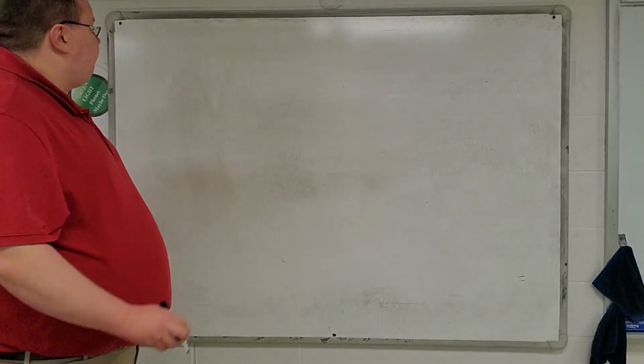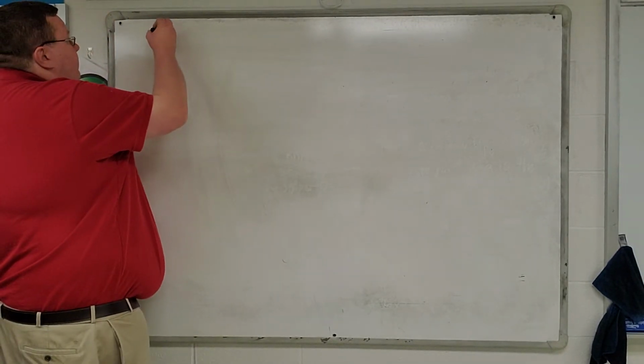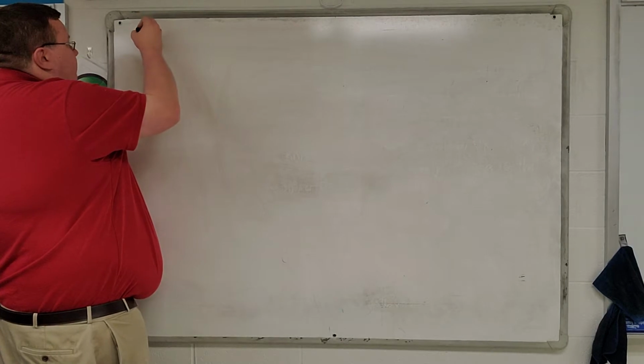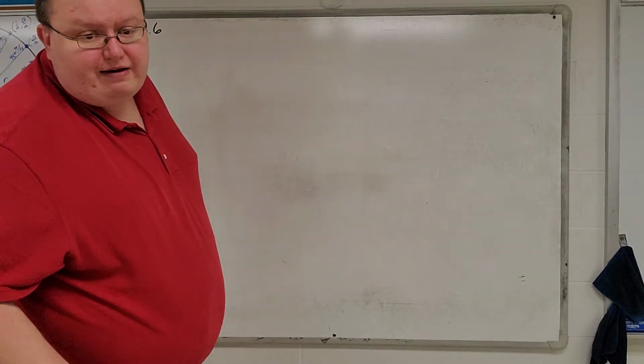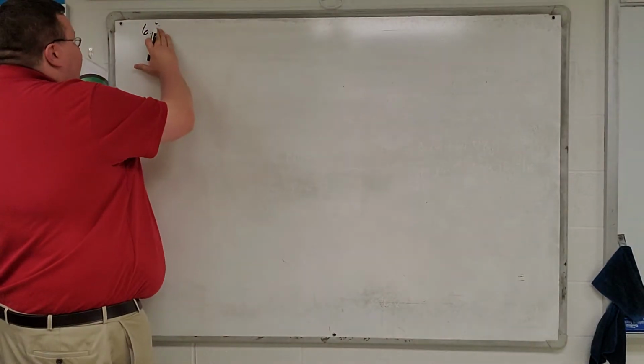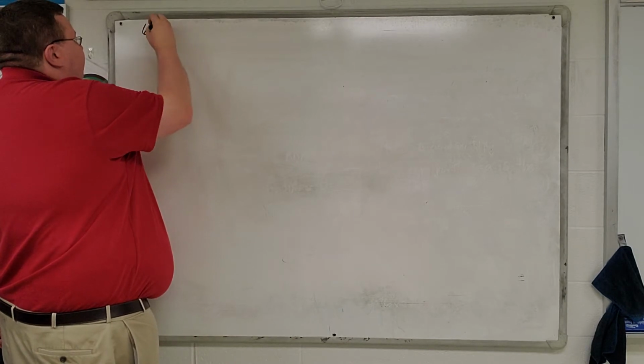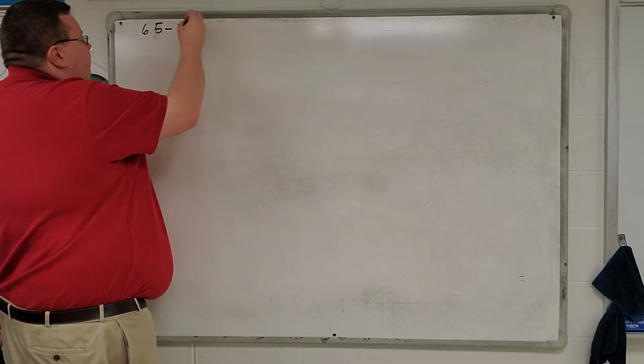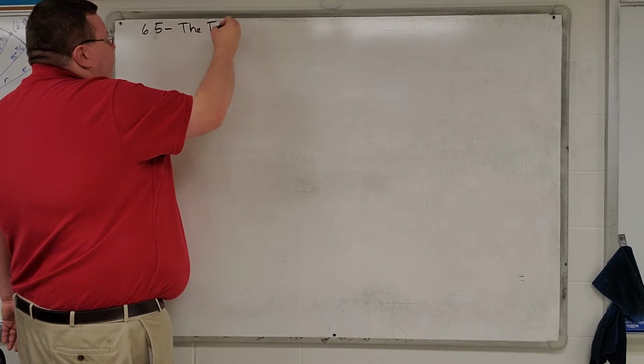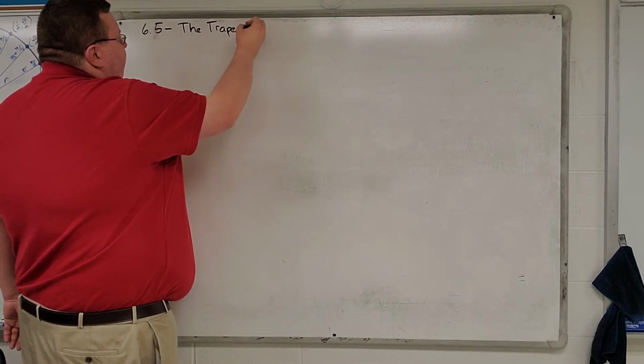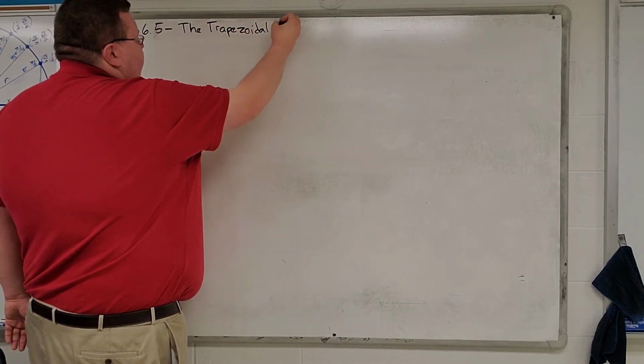But this is a little bit different. We're looking at the trapezoidal rule. This is in section 6.5 actually, not 6.6, sorry. 6.5. The trapezoidal rule.